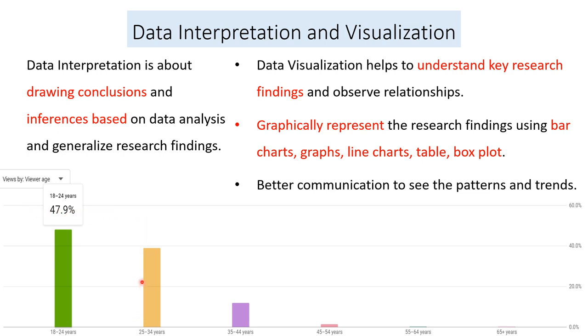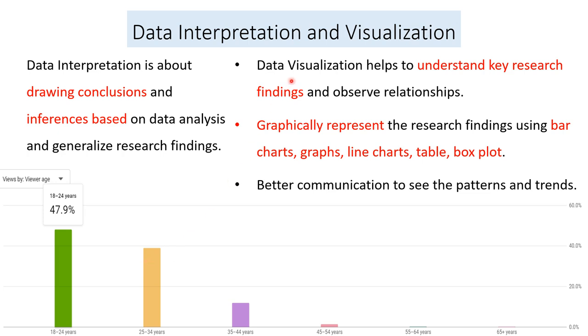And the next category is from 25 up to 34 years, which is around 40%. So the majority of my YouTube channel viewers are of younger age, between 18 and 34. So this is just an interpretation for this result. We have to provide an interpretation for the result of the data analysis.